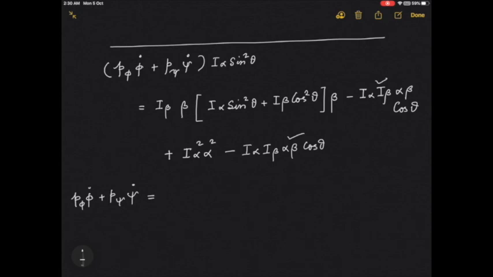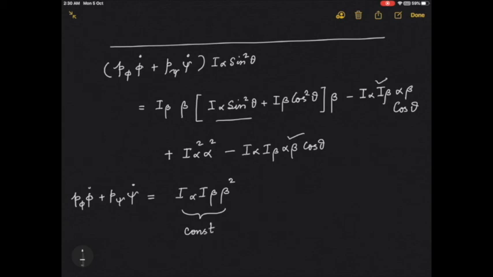So the first term, which also has I alpha sine square theta inside, just becomes I alpha I beta beta square. Remember that this is a constant.